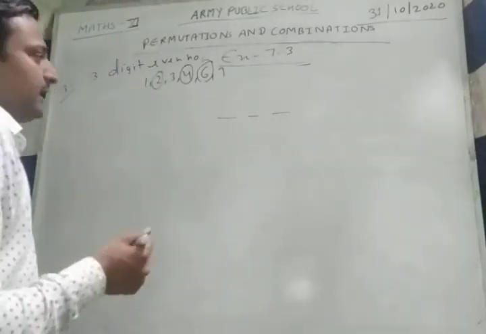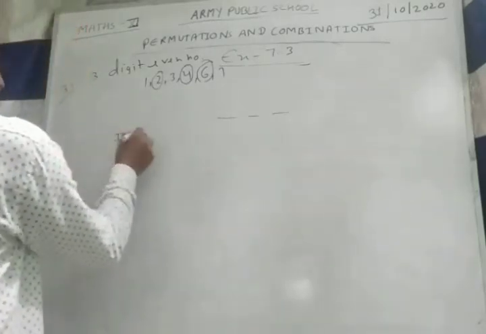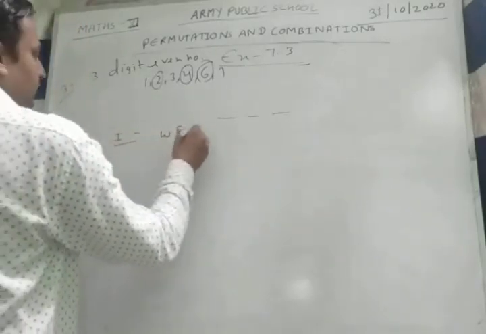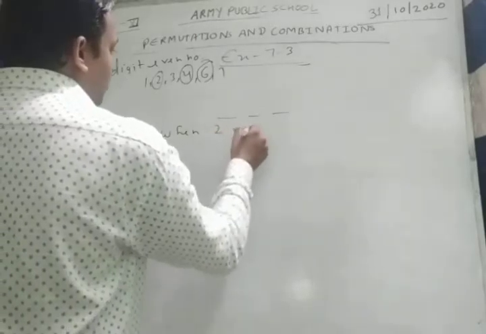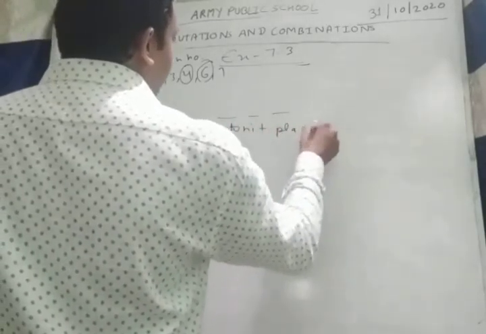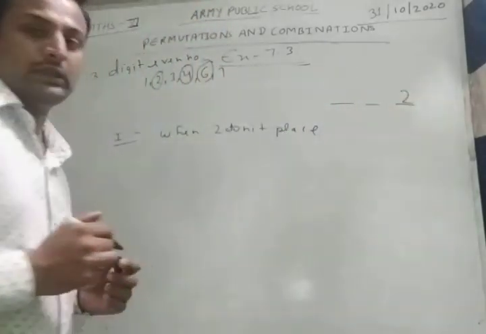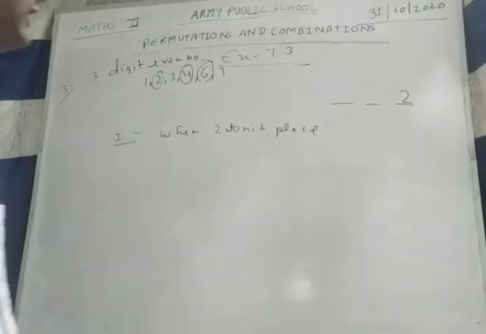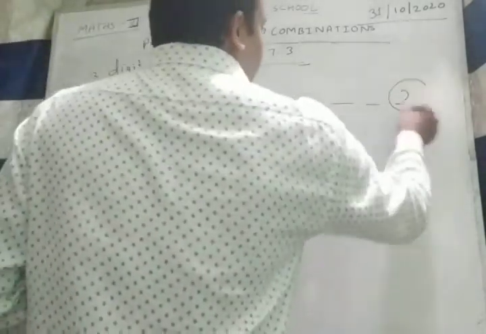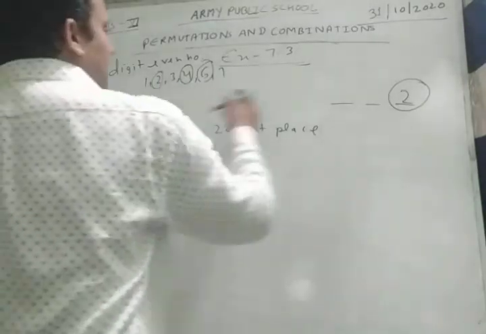So if we have to form an even number, then we will take 2 at unit place. When 2 is at unit place, then if we are fixing this 2 at a unit place, how many digits do we have remaining?